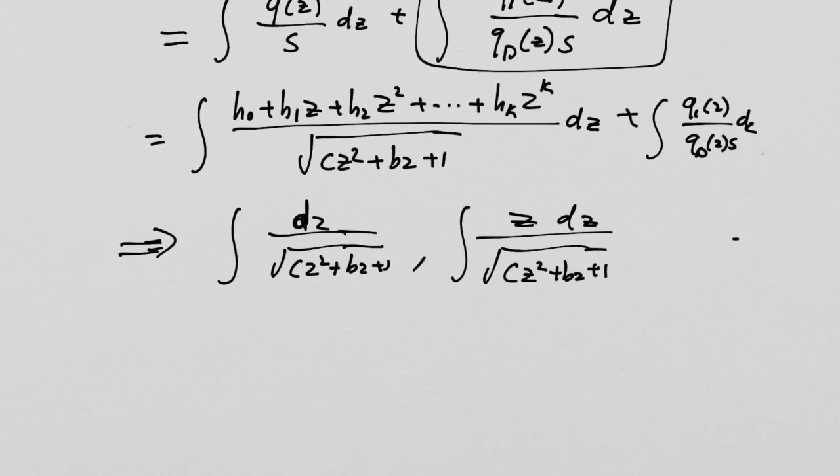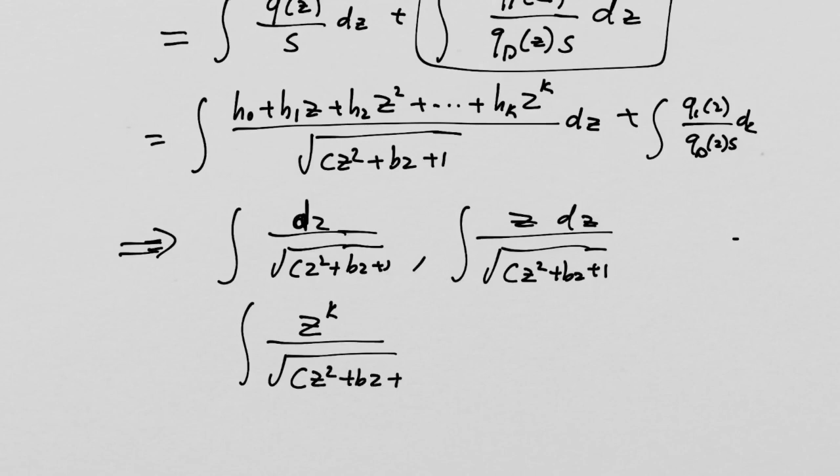And then we've got to be able to integrate Z to the K, some arbitrary number K, over the square root of CZ squared plus BZ plus A. These should be A's, not 1.